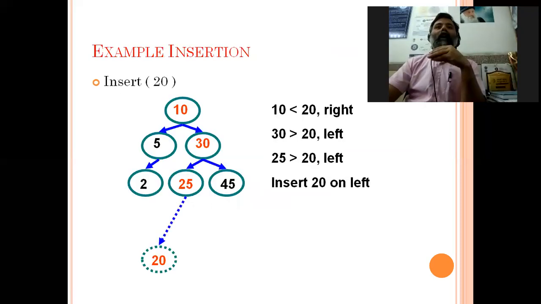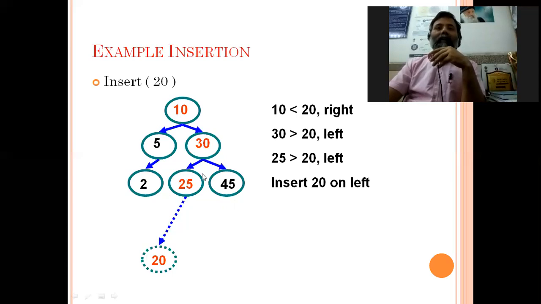Now, see this example. Suppose this is the tree we have and we want to insert 20. We will apply the find operation as we did in the last video. We will check from the root node. It is 10, 20 is greater, so we will go right. Again, it is less than 30, so we will go left.